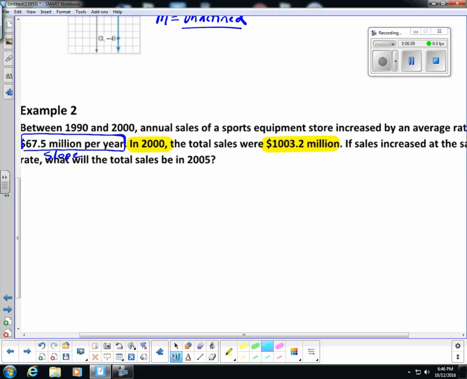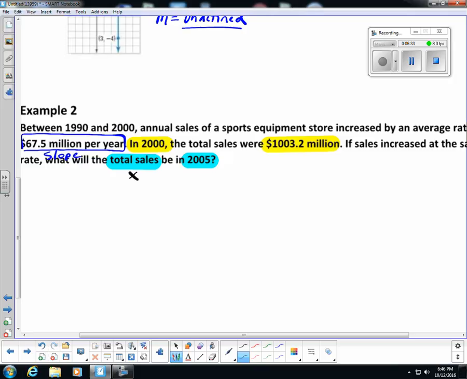Okay, the other information comes from the question that's asked of you. What will the total sales be in 2005? That's your other ordered pair. Now, we don't know what the total sales would be, so this is going to be a variable. It's going to be X. Okay, now, how does this all fit together?